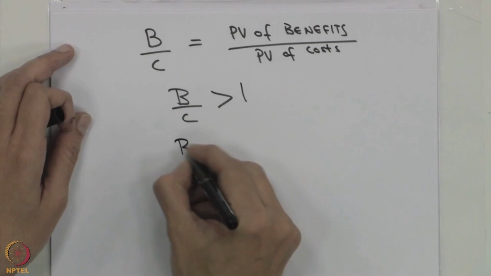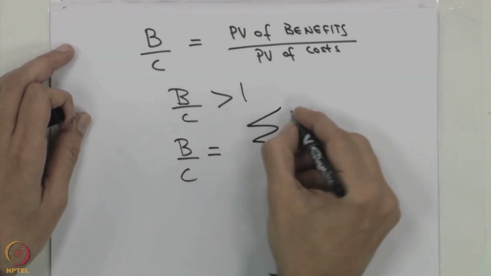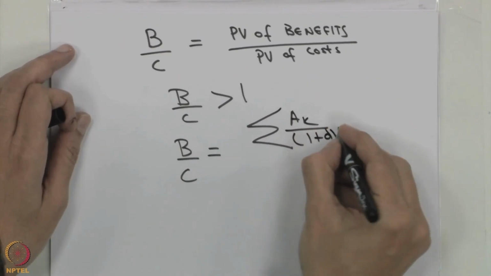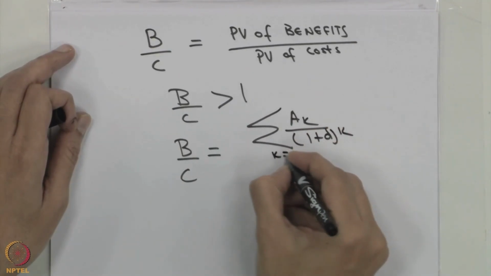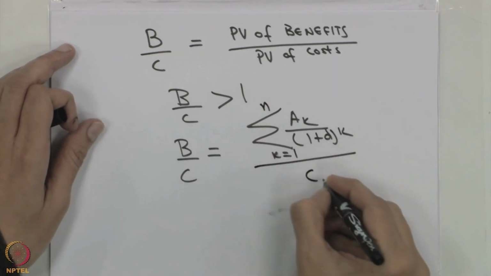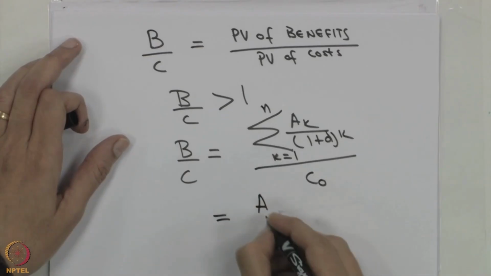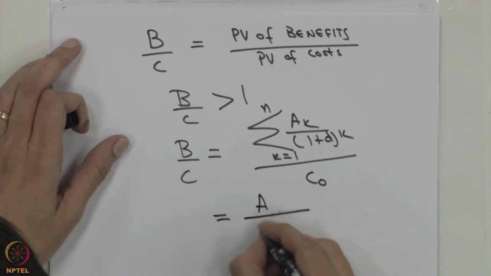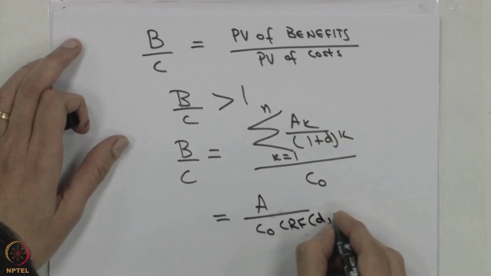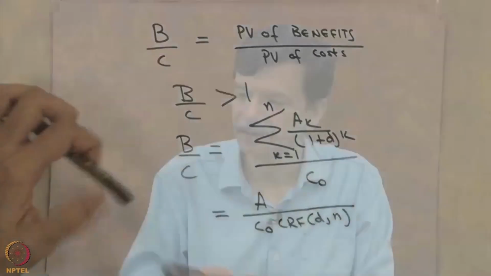So, this B by C ratio will be the sum over k = 1 to n of A_k / (1 + d)^k, divided by C0. And in the case of constant cash flows, this will become A / (C0 × CRF(d, n)).